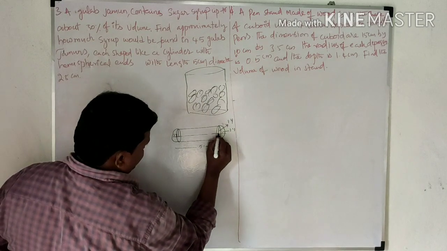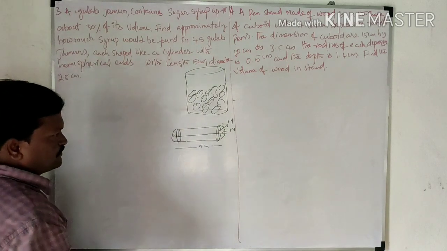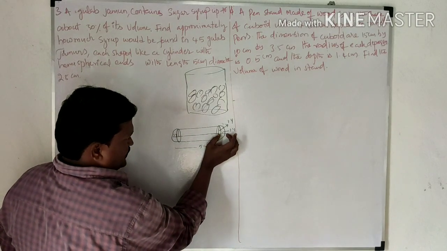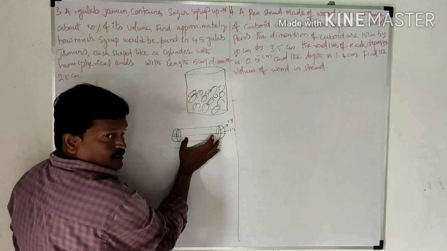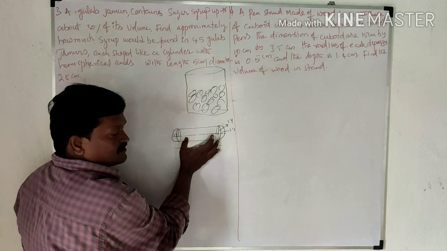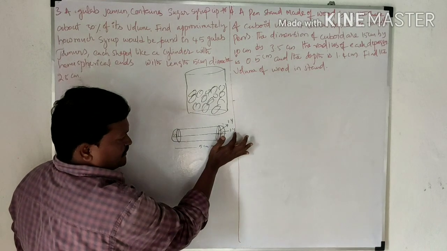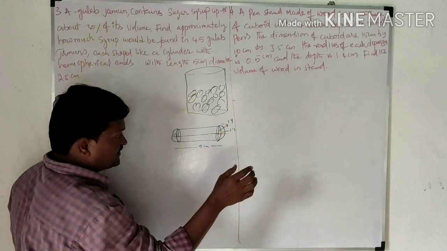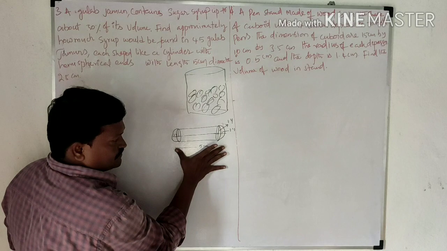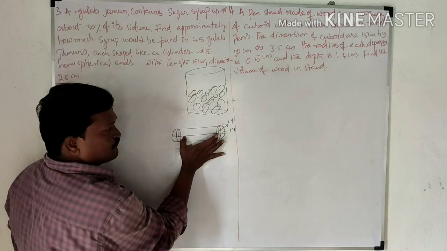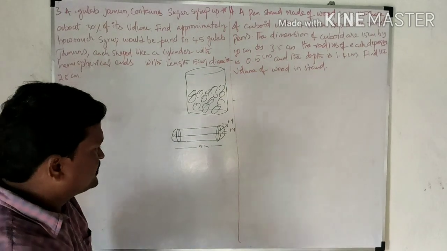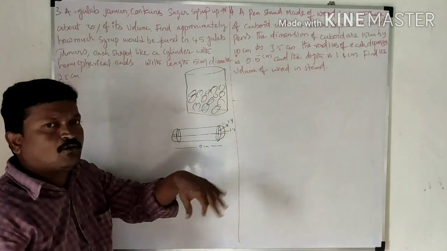We need the height of the cylinder. The remaining part will be the height of the cylinder. If you subtract 2.8 from the total length of the jamun, which is 5, you will get the height of the cylinder.